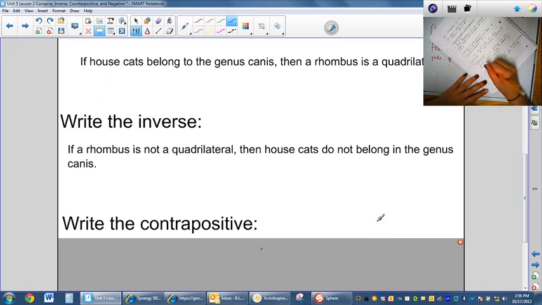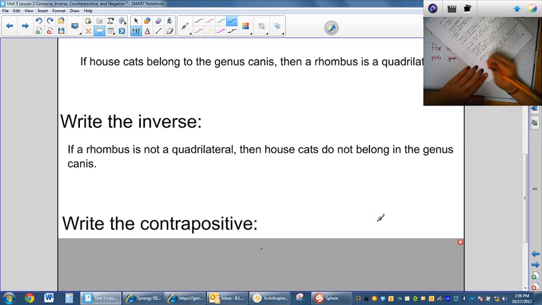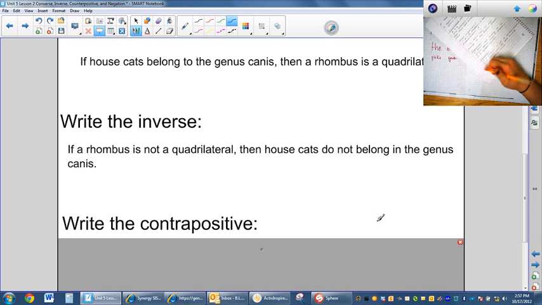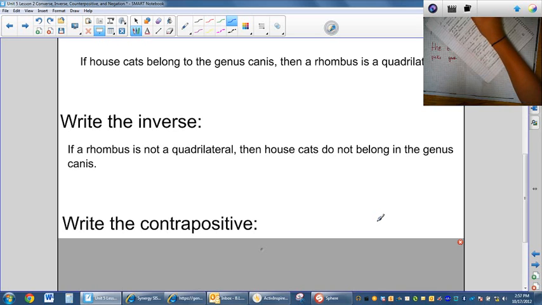Alright, so the contrapositive ends up being what?